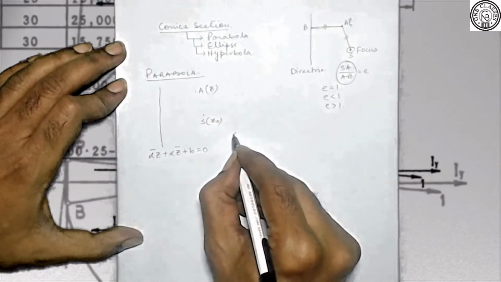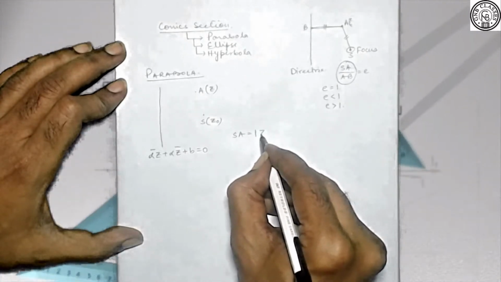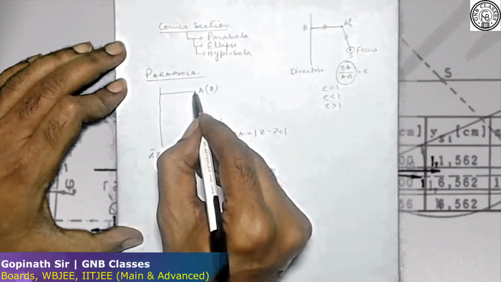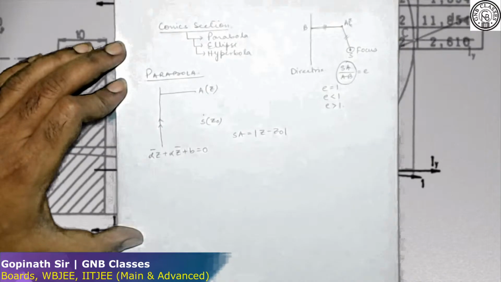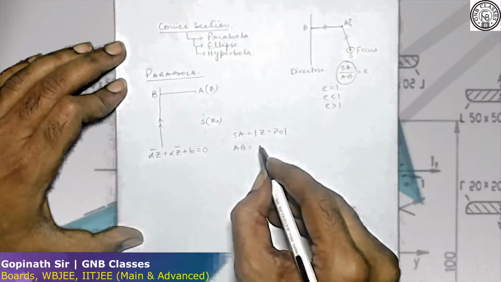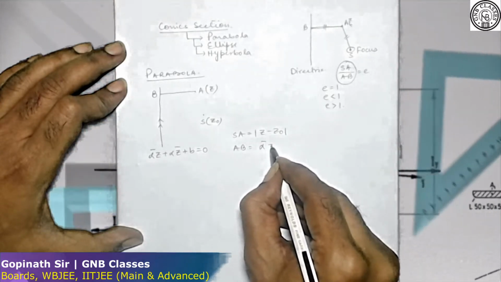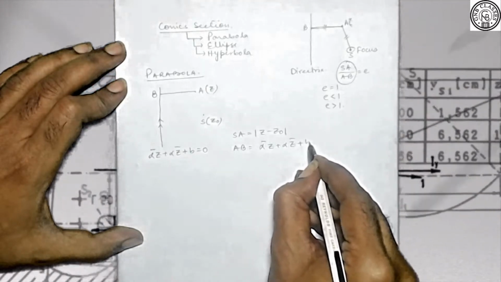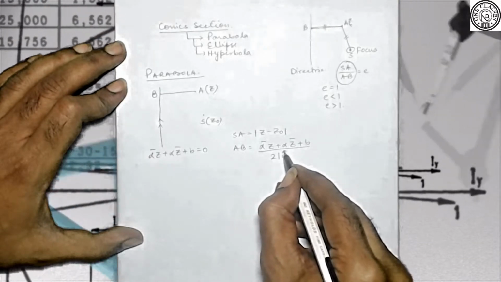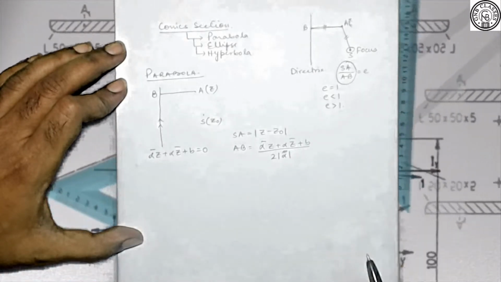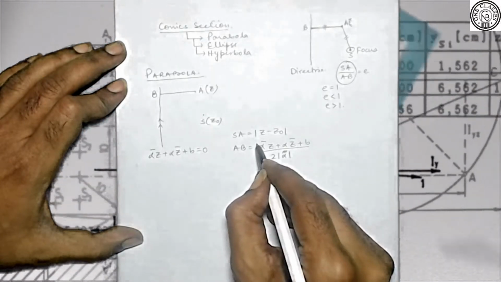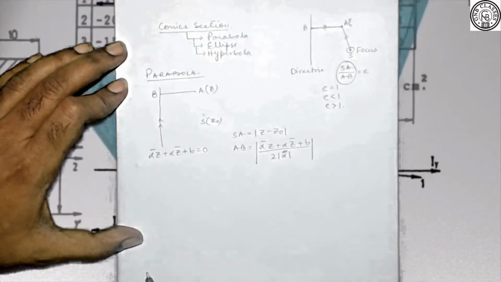Now, the distance AC is basically mod of Z minus Z0, and the perpendicular distance from this variable point on this fixed line, which is your AB, is nothing but what we know how to calculate. It is mod of alpha bar Z plus alpha Z bar plus B divided by 2 mod of alpha. Whether you write bar or not doesn't matter, because mod of alpha bar and mod of alpha are the same, and the distance is always given with a mod sign.